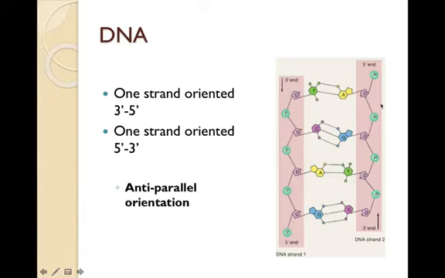So one strand is going in one direction, the other strand is going in the opposite direction, in a flipped orientation. This type of orientation is referred to as the anti-parallel orientation of DNA. So one strand is 3' to 5', the other is 5' to 3'.